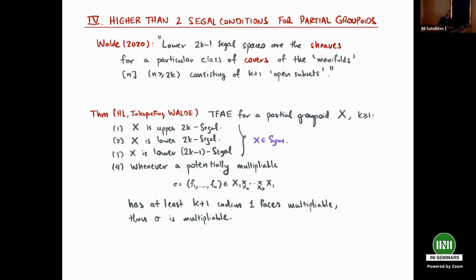But basically, one motto coming out of this is that lower odd Segal spaces are sheaves for a particular class of covers of bracket n considered as a toy manifold.